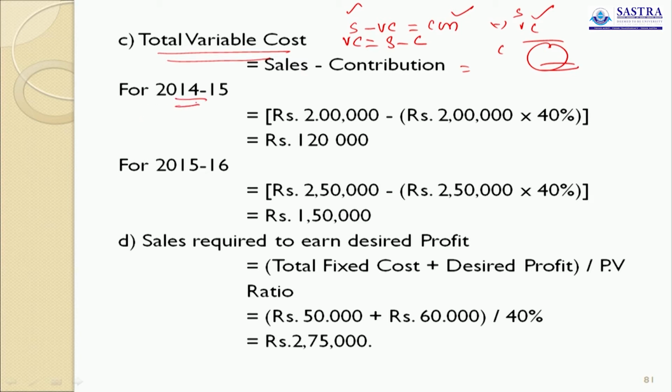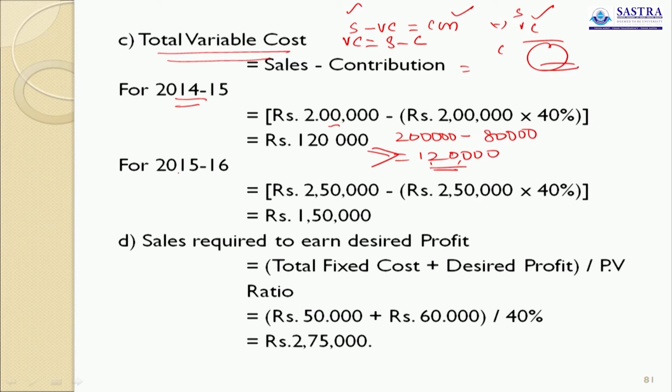So for 2014-15, sales is 2 lakh, contribution is PV on sales, sales is 2 lakh, PV percent 40 percentage, so 80,000. So here 2 lakh minus 80,000, so 1,20,000. This is the answer.